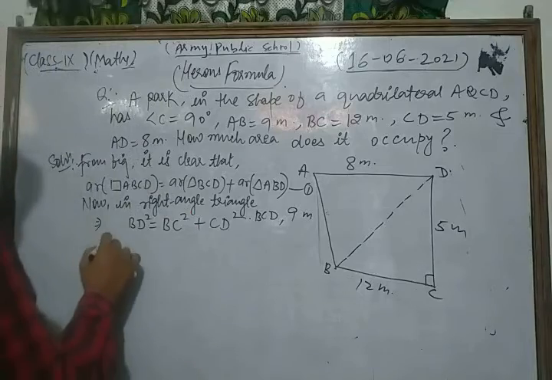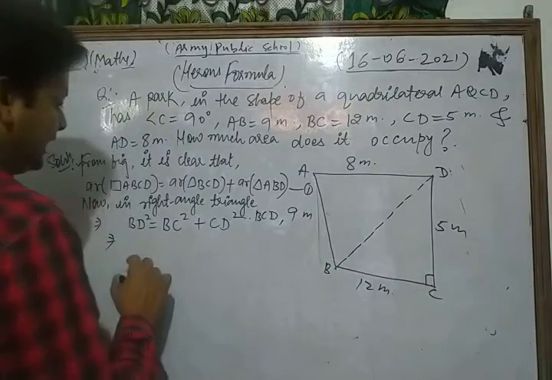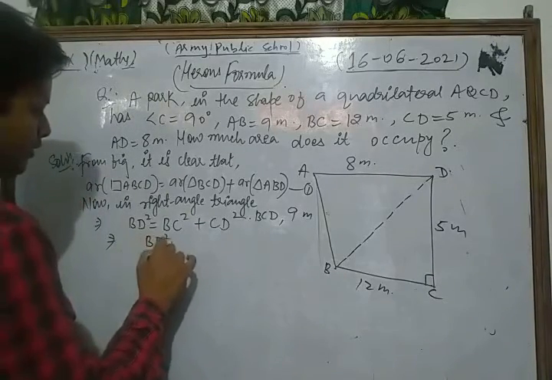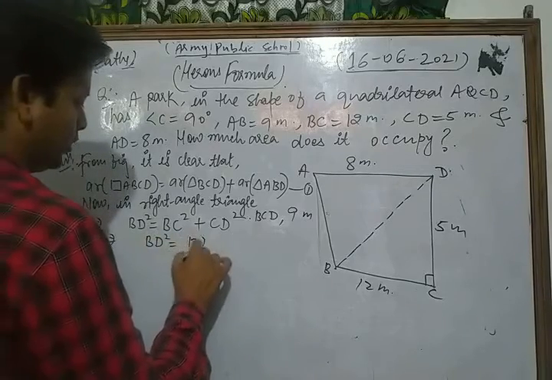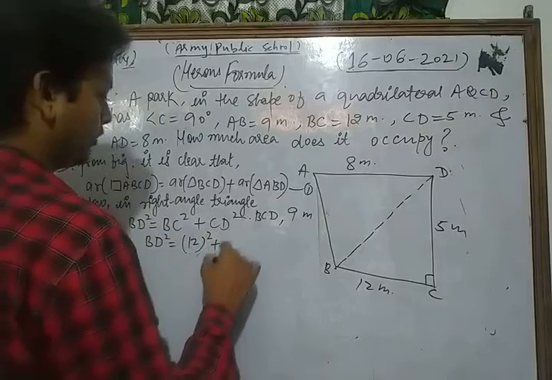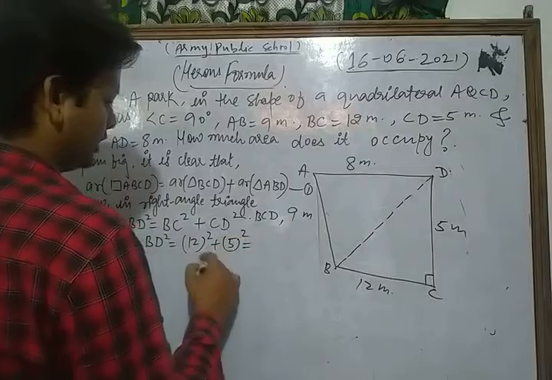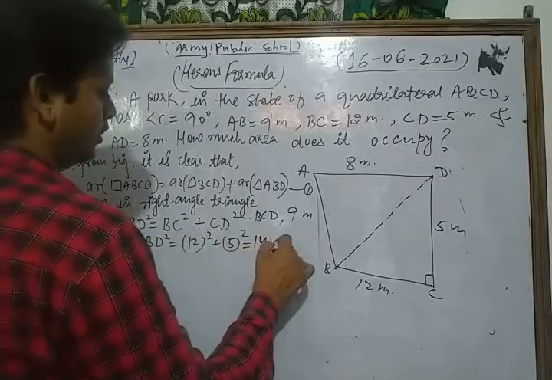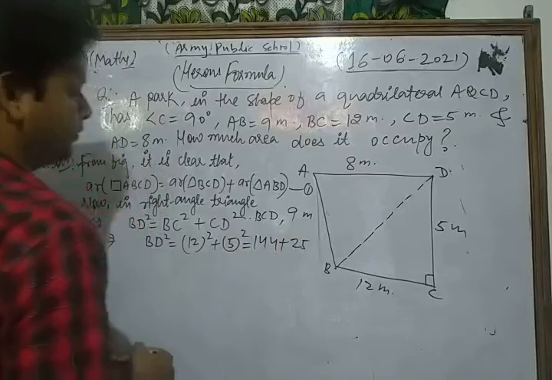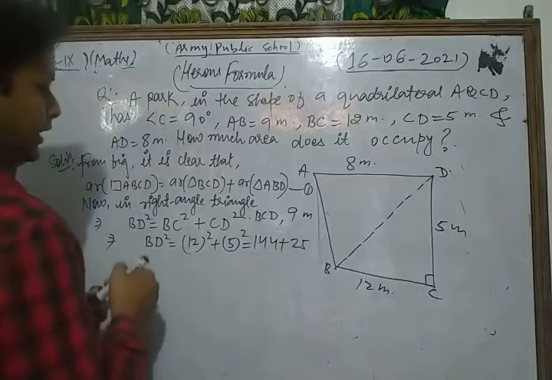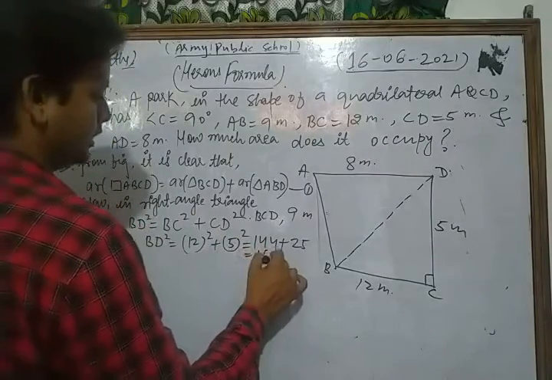So BD square is, BC is 12, so we write 12 square. CD is 5, so we write 5 square. Here 12 12s are 144, plus 25, which is 169.